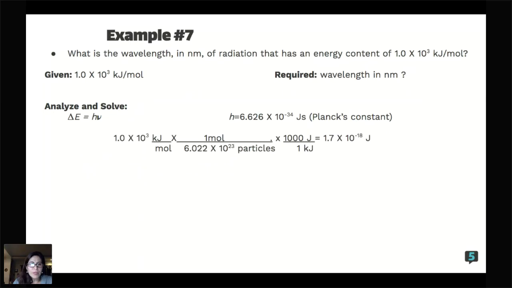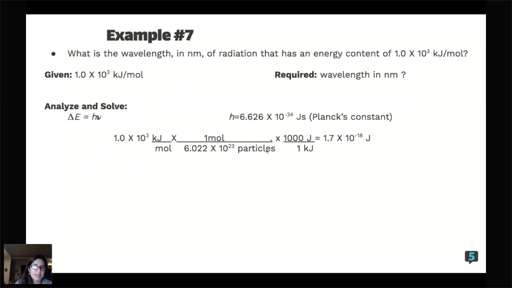So first, we are going to change our data of kilojoules per mole to joules, because that's what we're going to need for using Planck's constant. And to change this, we need to remember from previous knowledge that 1 mole means 6.022 times 10 to the power of 23 particles.